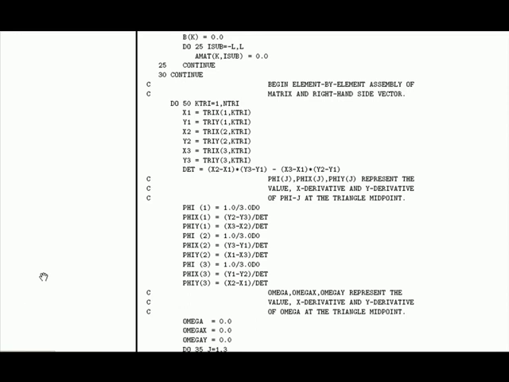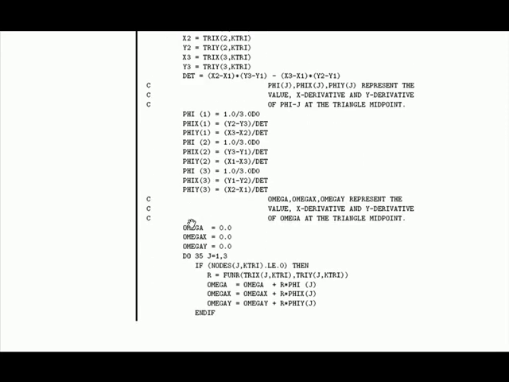And so for each triangle we calculate each of the 3 phis. There'll be phi and phi x, phi y corresponding to each of the vertices. We calculate omega at each of the 3 vertices.